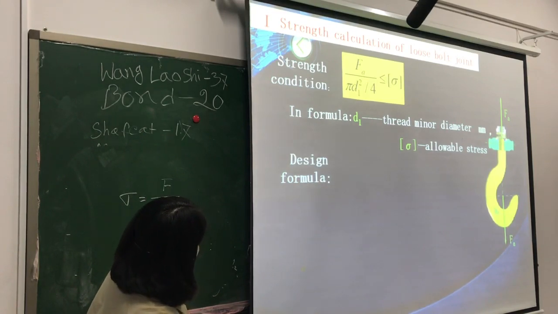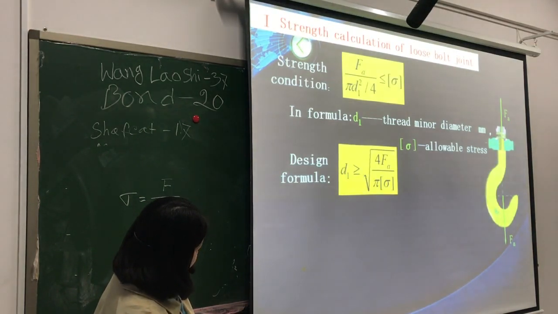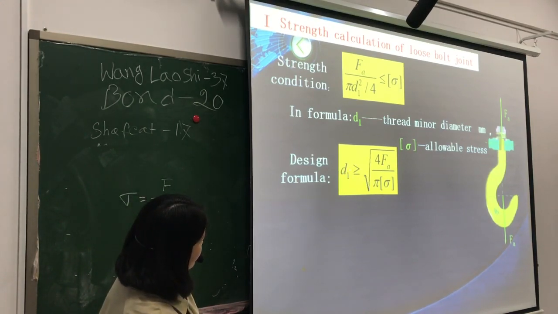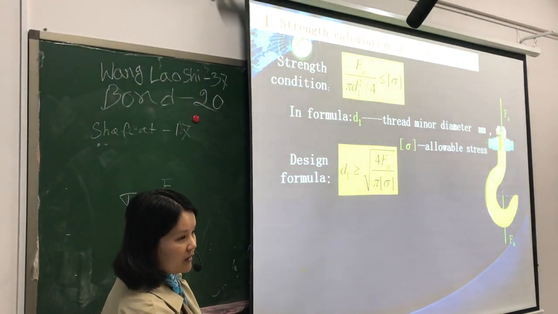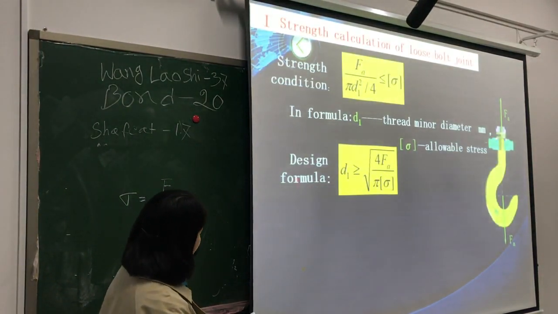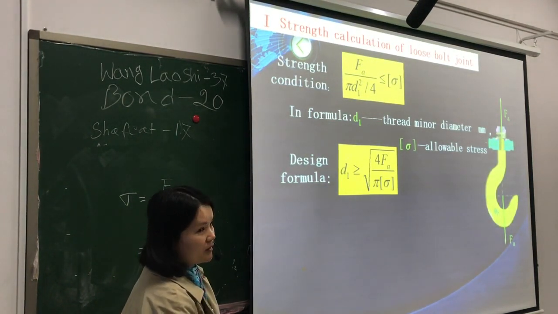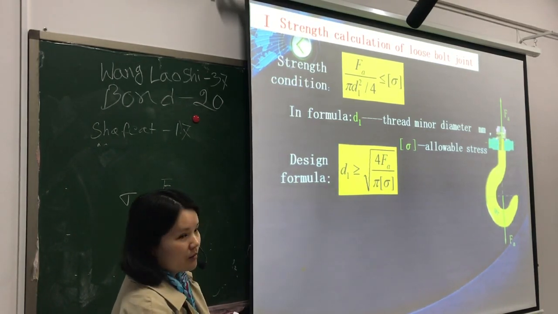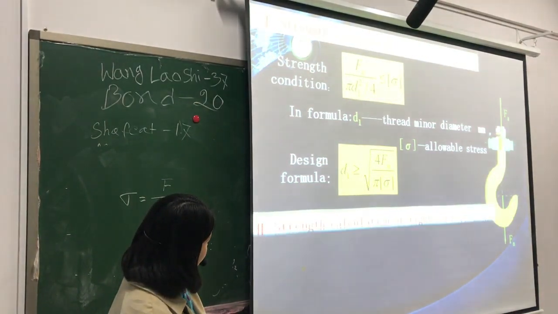So under this condition, for the bolt joint without preload, when we design, we should choose a screw thread with the minor diameter d1 larger than that. And this is the design formula when the bolt joint is without preload.